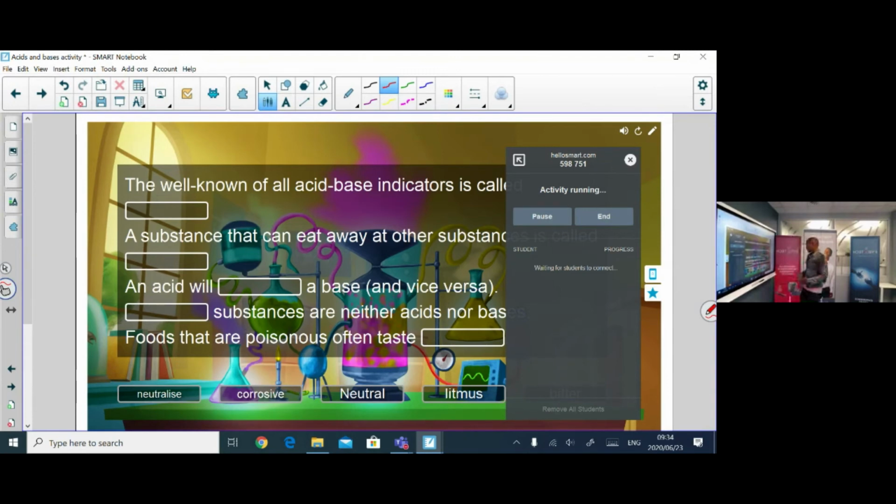Foods that are poisonous often taste how? How would anyone know? Not all poisonous food will kill you, but it will give you some reaction. By poisonous food, I would like us to think of rotten food, not poisonous per se.